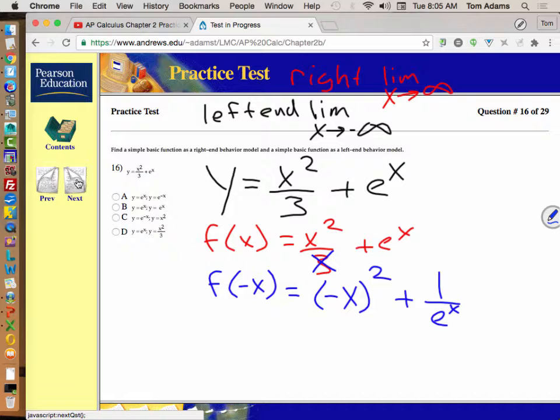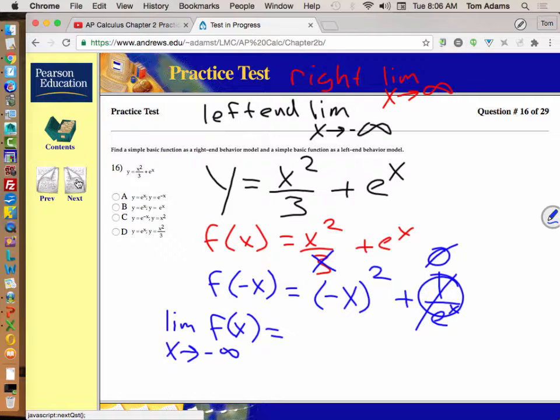So this goes to 0 as I approach. In other words, if I take the limit of f of x as x approaches negative infinity, this value here approaches 0. And what do we know about this value? What happens when you square a negative number? It's positive. So this becomes a very positive number. So this would be infinity, right? So which one dominates in this case as we do the left end?